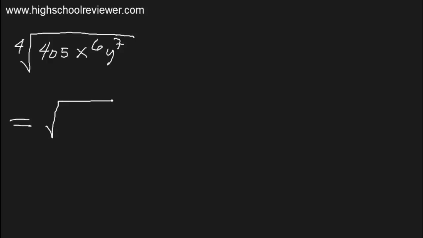We will have the fourth root of 405 multiplied by x raised to 6 and y raised to 7. Okay, so looking at the problem, first we need to think of the factors of 405. So what will be the factors of 405? Okay, so you think of two numbers wherein one number will have the fourth root.